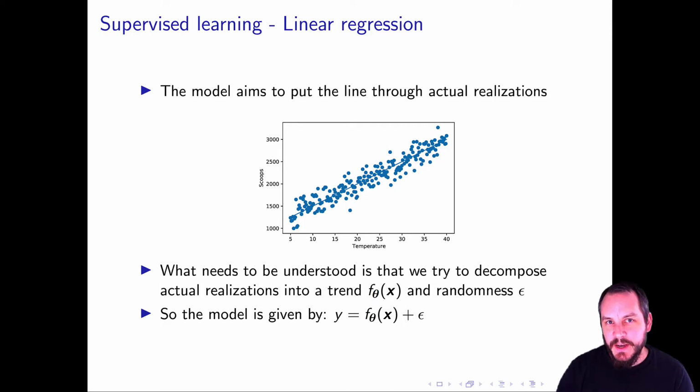All right, and what is also very important for you to understand is that usually we will face some randomness in the data, because especially in the field where we are, there is typically no such thing as a 100% deterministic relationship. The selling of ice cream scoops doesn't really follow a clear law, like a natural law.